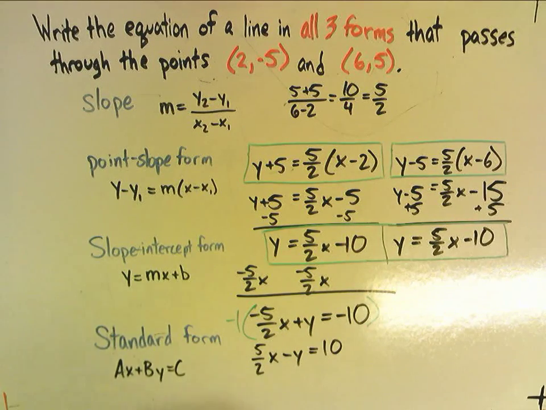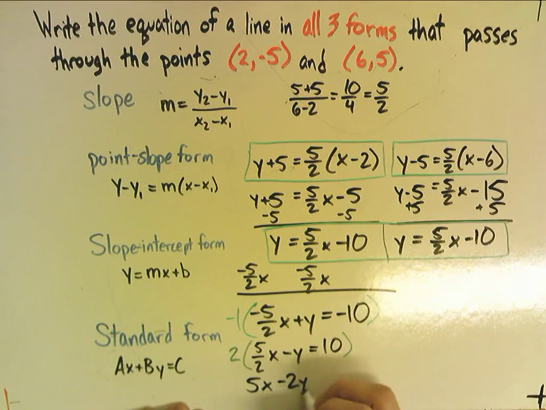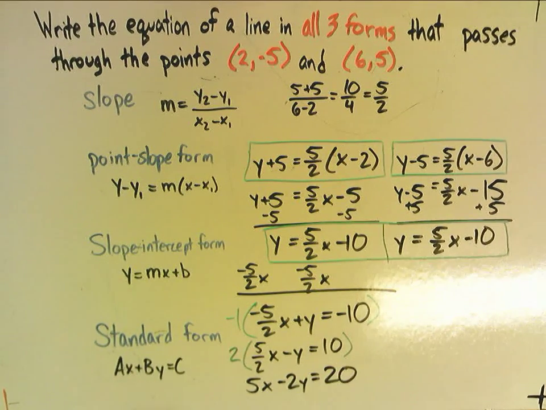And then now we have to follow our other rule. Our other rule says that we cannot have a fraction. So we're going to multiply by the denominator. If there were multiple fractions, we'd multiply by the common denominator, but in this case it's just 2. So we're going to multiply by 2. And when we do so, this becomes just 5x, this becomes negative 2y, and this becomes 20. And this right here would be your answer in standard form.